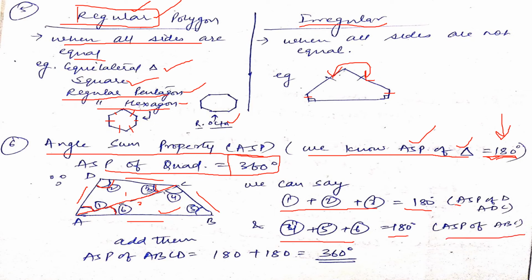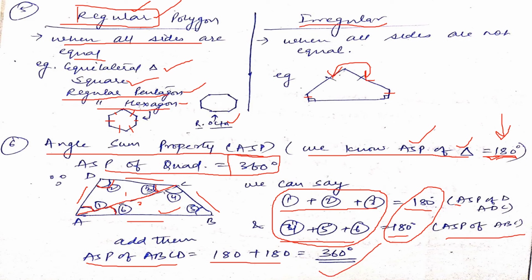If I add all these angles on the left side, and if I add the right side, what will I get? The ASP of ABCD, that is a quadrilateral. Because we know 1 plus 2 plus 3 plus 4 plus 5 plus 6 makes angle A plus angle B plus angle C plus angle D. And we know it is equal to 180 plus 180, that is 360. I hope this is clear to you.